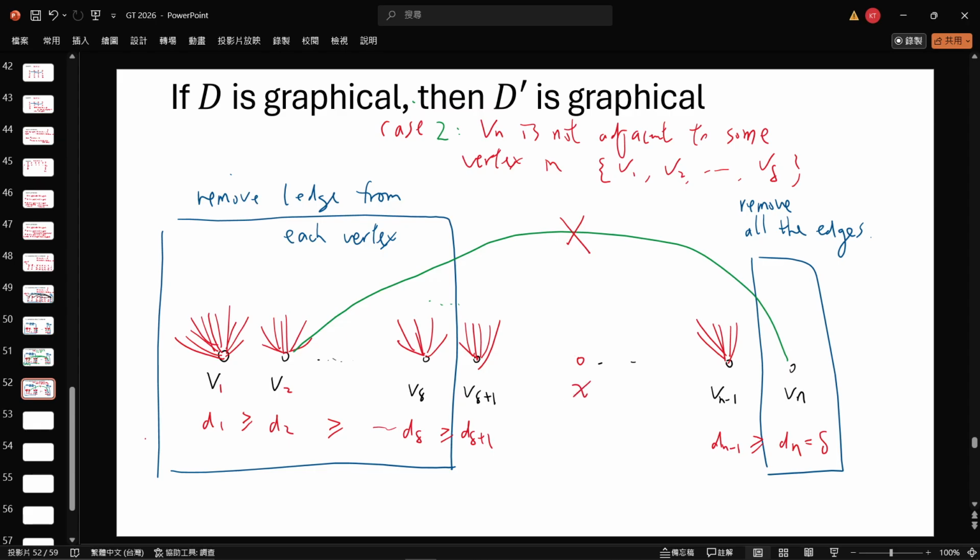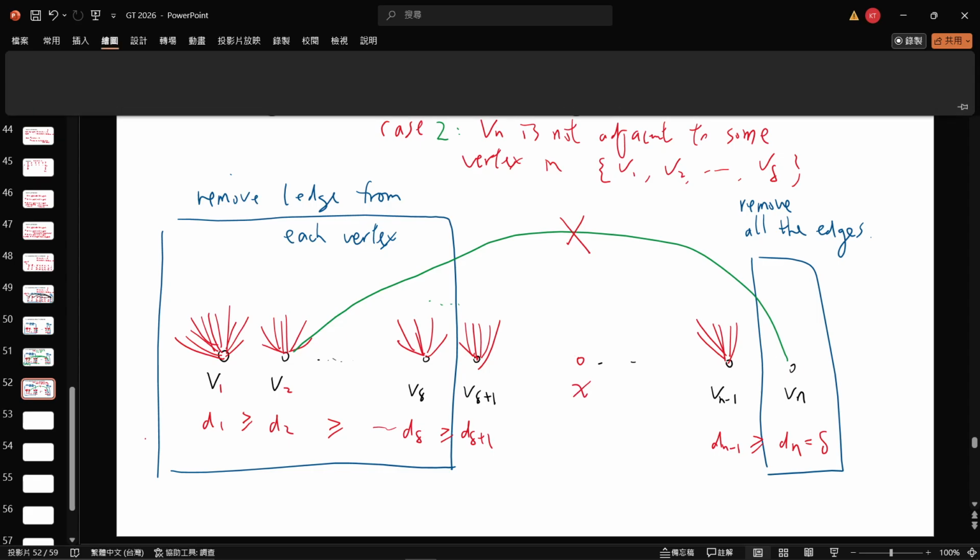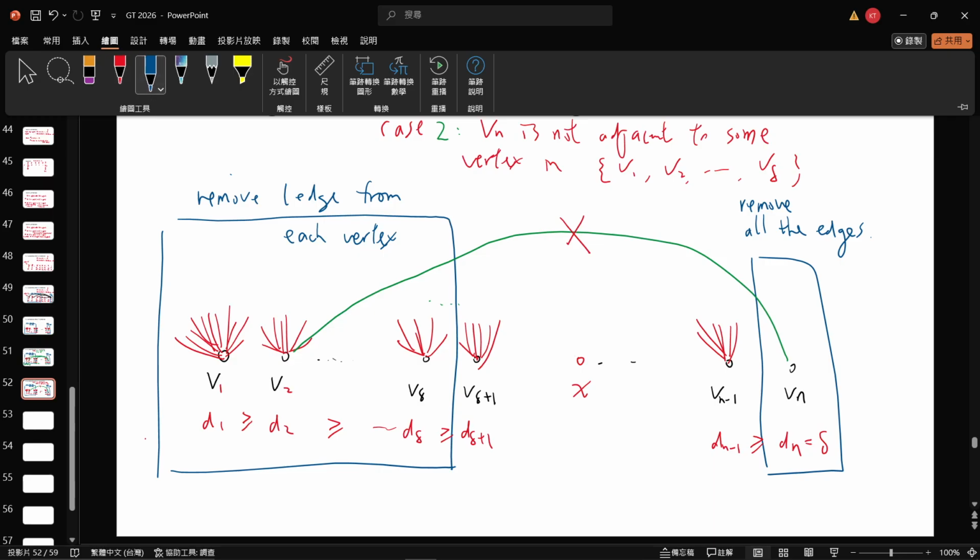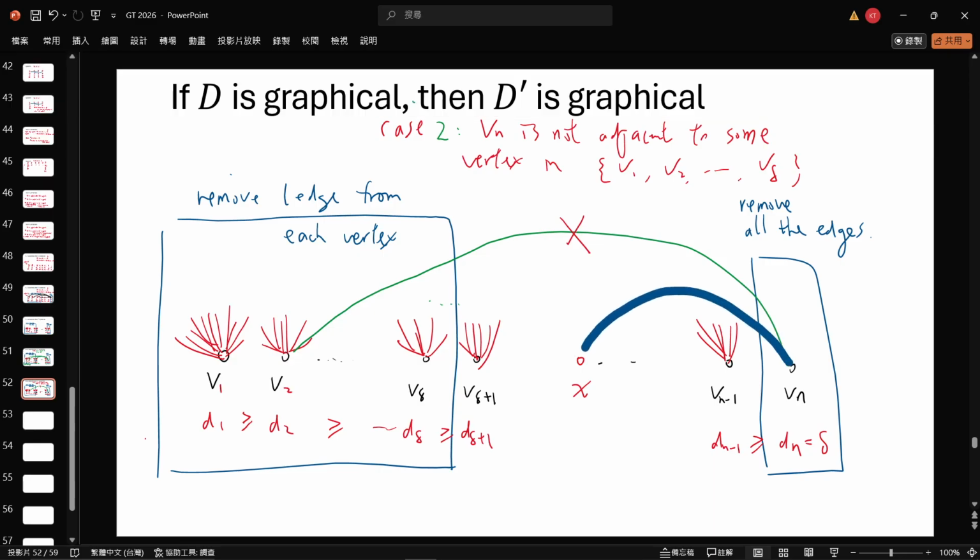So this implies that there must be some vertex, let's call it x, such that Vn is adjacent to x. Can you see why? Recall that the degree of Vn must be delta, so there must be delta edges incident to Vn.